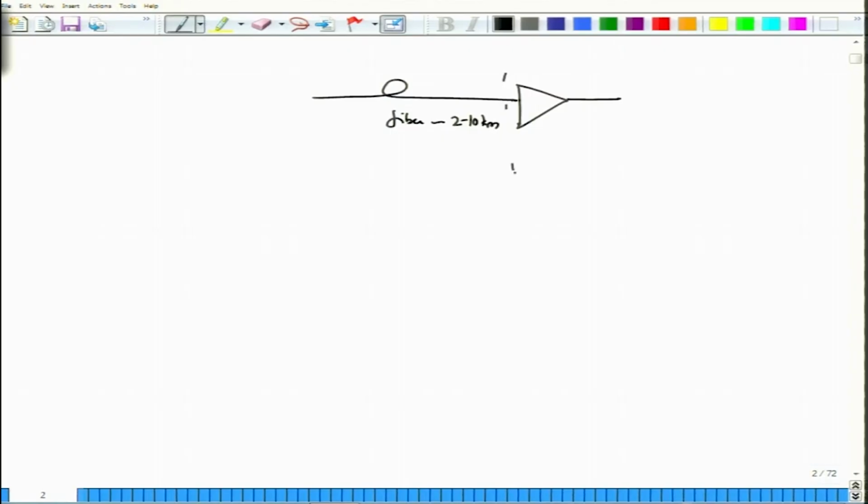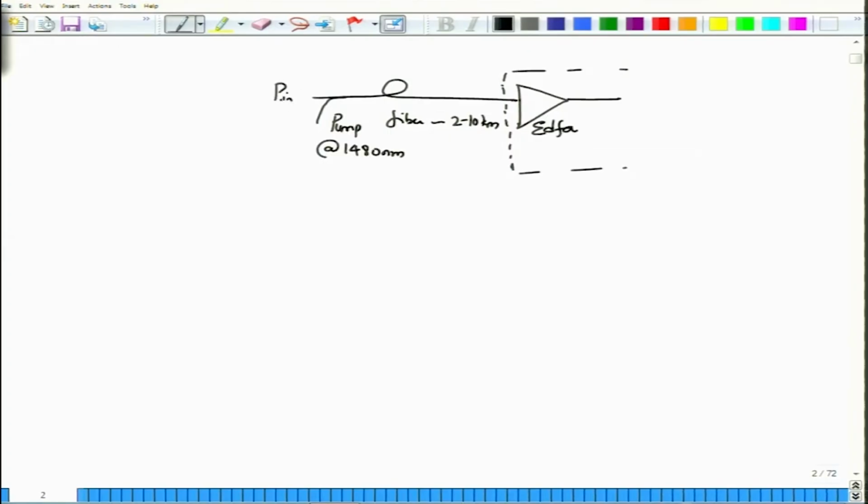Somehow the access to this amplifier is cut off, maybe because this 2 to 10 kilometer is actually going into the sea, and then there is an amplifier requirement. So, we have actually kept a fiber based amplifier here. This is my erbium doped fiber amplifier, but because it is under sea, I can't really go and put some equipment at 980 nanometer to actually pump here. In that case, I can send the pump right away at 1480 nanometer at the input side itself.